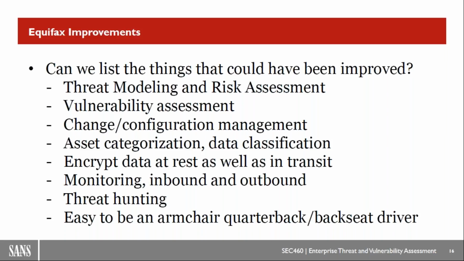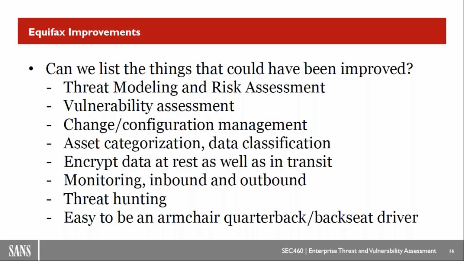So threat modeling, risk assessments, vulnerability assessments, change management, configuration management, dependency management of your applications, all critical things that there's some evidence they may not have done correctly. Asset categorization, data classification. Now you can argue Equifax as a company, their client is not us. Their client are banks, where they sell us as a product.